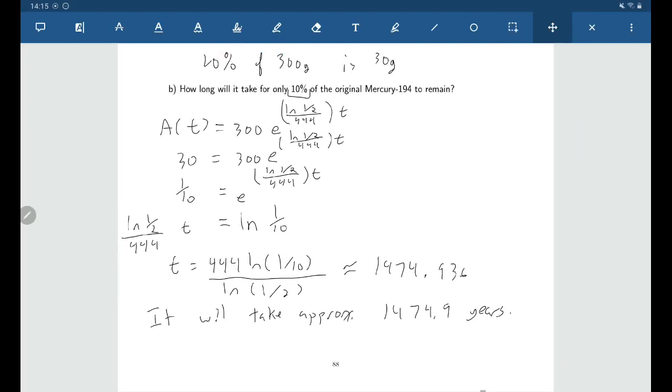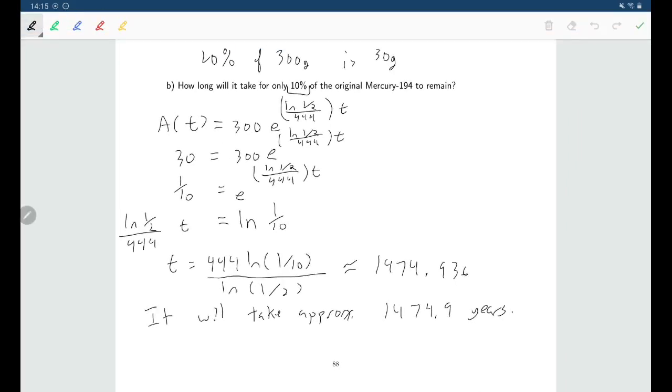One thing that we should maybe just think about here is whether this answer even makes sense. And it does, if you're thinking about the fact that our population, in this case the amount of mercury, will go in half every 444 years. So after 444 years, you'll have 150 grams. And then 444 years later, you'd have half of that amount, which is 75.